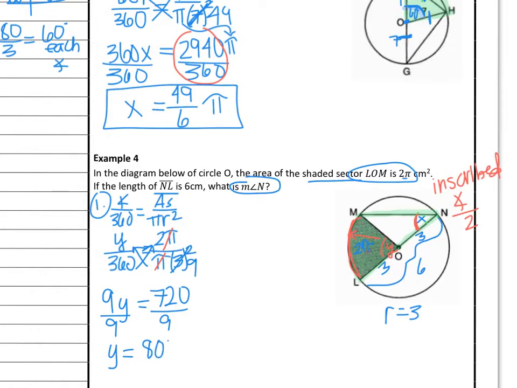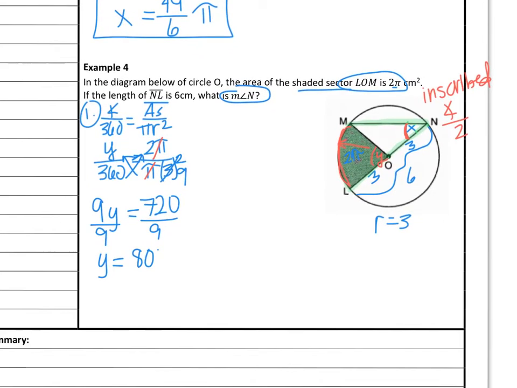Okay, so 80 degrees is the measure of the central angle that is in our picture. So this is the central angle, which I'm going to draw in right here, is 80. And 80 degrees is also going to go here because central angles are equal to the arcs that they're open to.